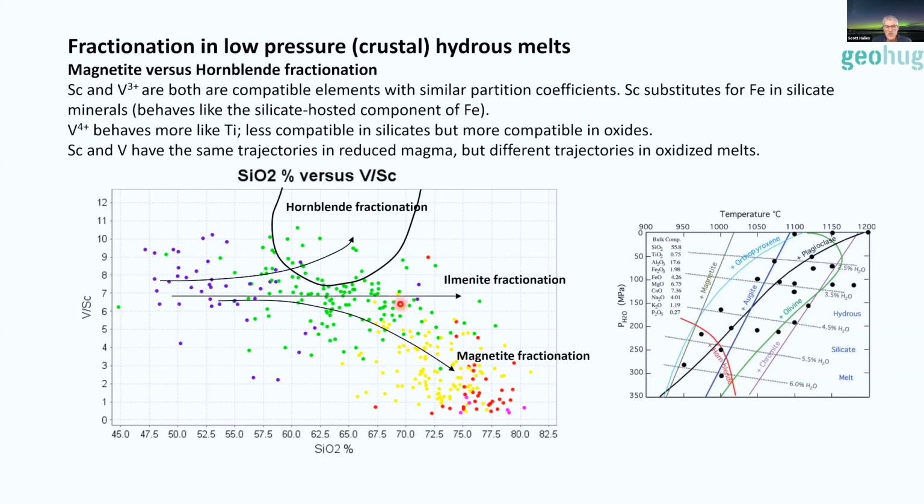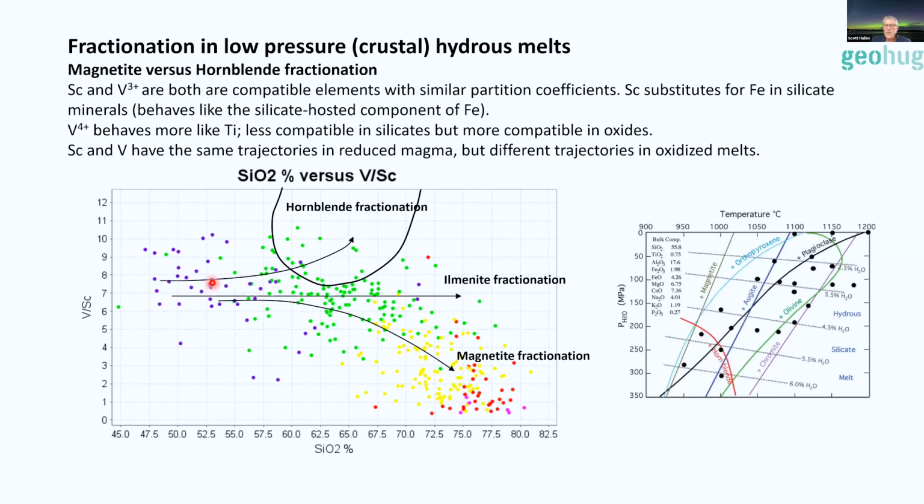And something I'm going to show you here in a minute is that when we look at temperature, pressure, and water content, there's a small window in PT water space where hornblende crystallizes before magnetite. When that happens in an oxidized magma, the vanadium preferentially stays in the melt, but the scandium goes into the hornblende.